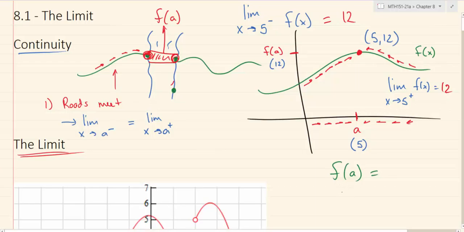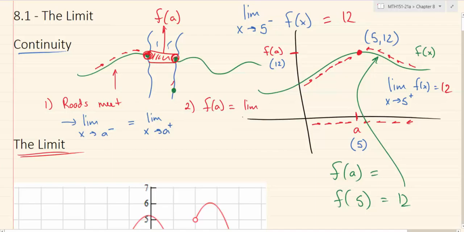And we know that f of 5 is equal to 12. We set that up here. So this is condition number 2. So over here we'll say condition number 2 is that f of a equals the limit as x approaches a. Number 1, the roads have to meet at the same spot on the bank. And number 2, there has to be a bridge.